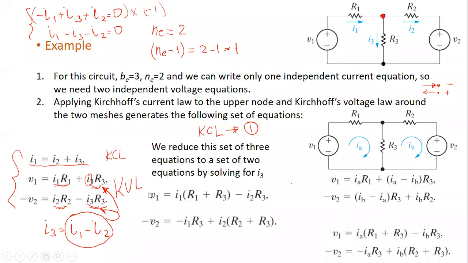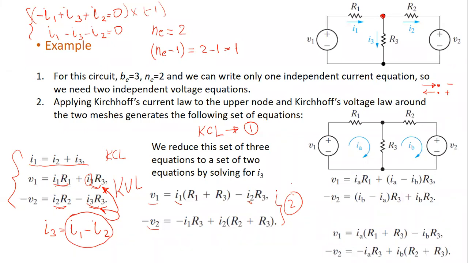And this is equal to the voltage source values, V1 and V2, which are known because they are voltage sources. So now I1 is unknown, I2 is unknown, and I have two equations with two unknowns. We came from three equations for the three currents to two equations with two unknowns.